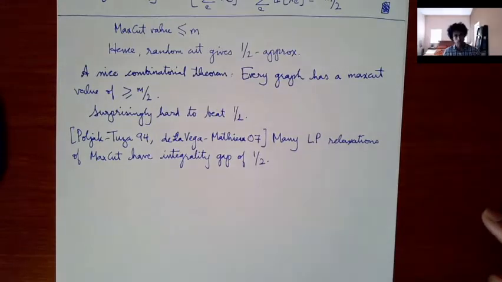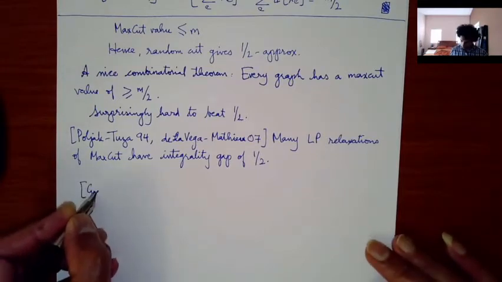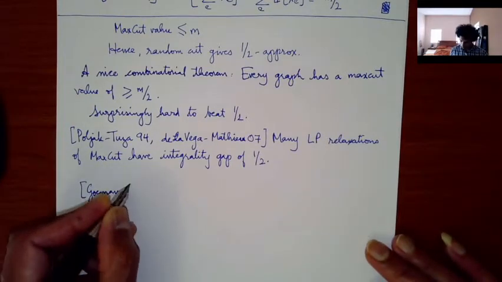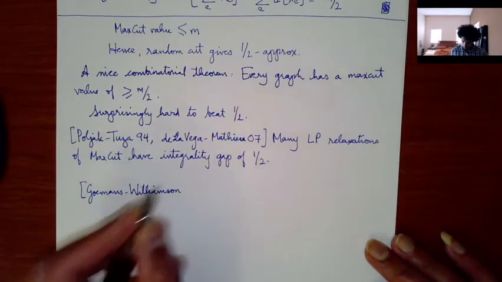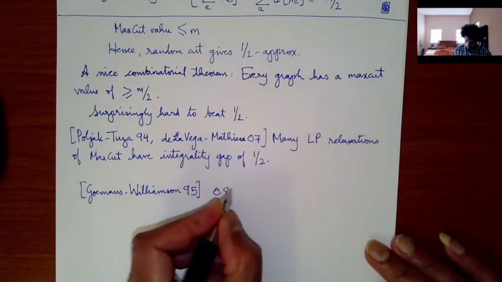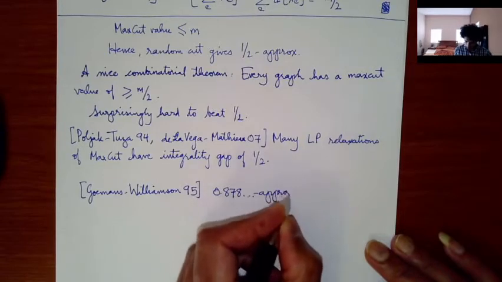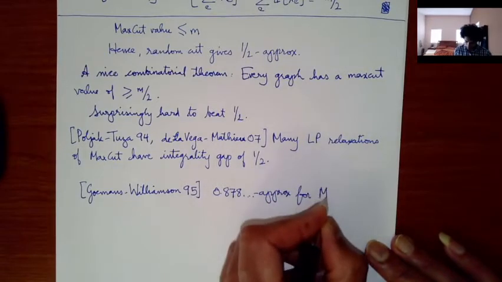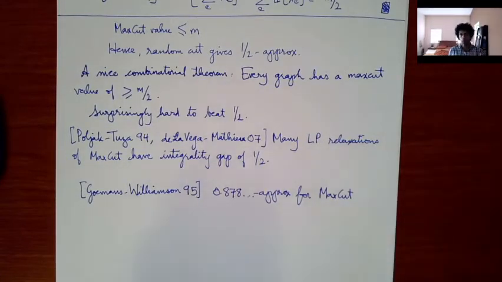half approximation because many tools were tried and they did not work until the seminal result of Goemans and Williamson in '95 that gave a 0.878 approximation for Maxcut, and they introduced two very novel ideas.